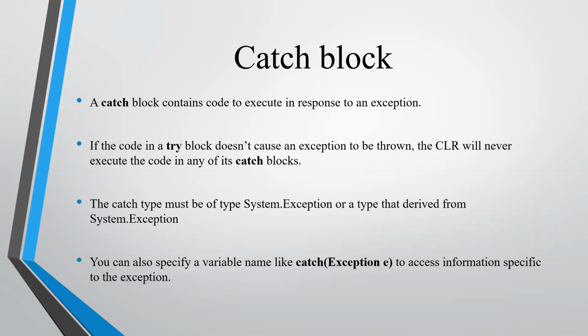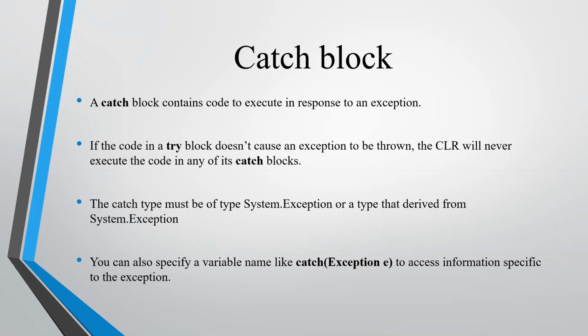Try block is followed by a catch block. A catch block contains code which gets executed in response to an exception thrown by the try block. If the code in a try block doesn't cause an exception to be thrown, the CLR, or the Common Language Runtime, which is the runtime of the .NET framework, will never execute the code in any of its catch blocks.